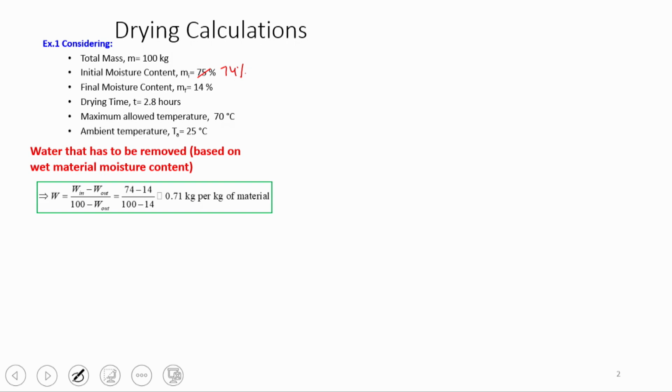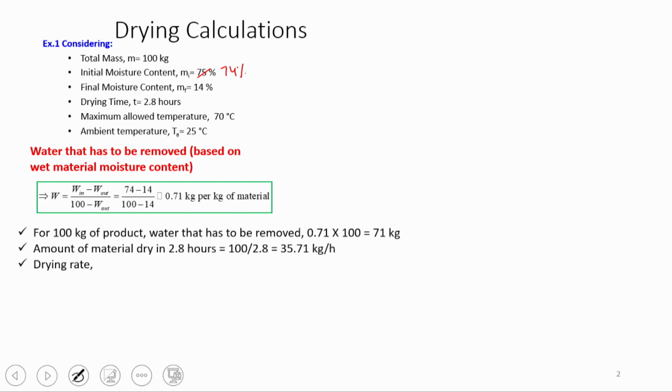Then for 100 kg of product, how much water has to be removed? This is 0.71 kg per kg of material, and for 100 kg you multiply with 100, then it will be 71 kg, right.